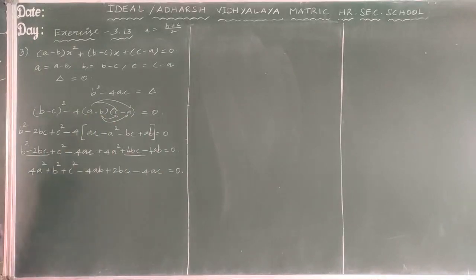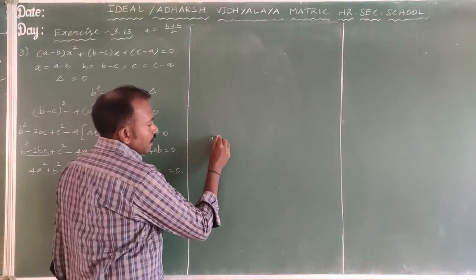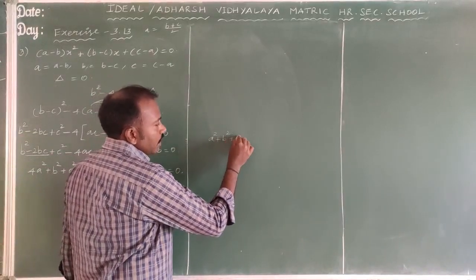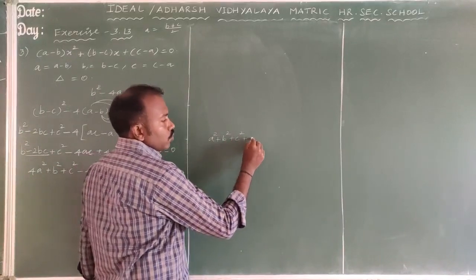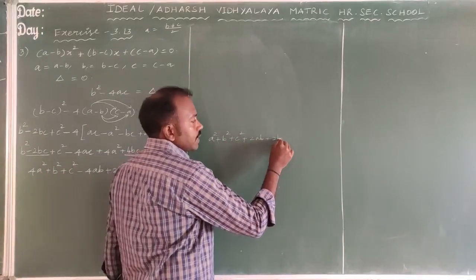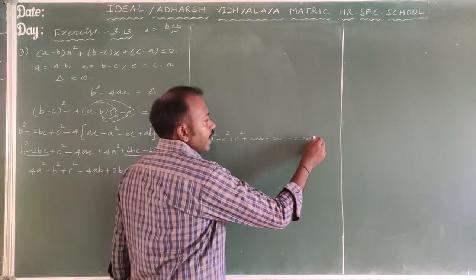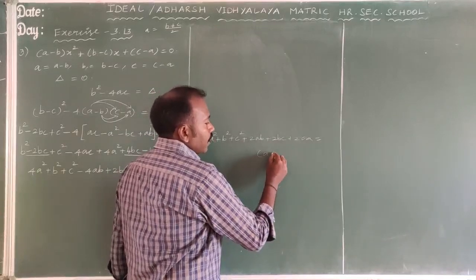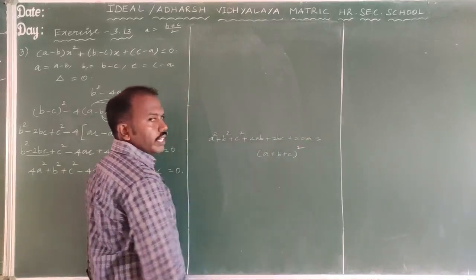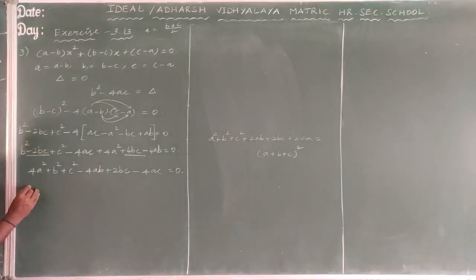Here we can apply a formula: a square plus b square plus c square plus 2ab plus 2bc plus 2ca is equal to a plus b plus c the whole square, that is 2a the whole square.